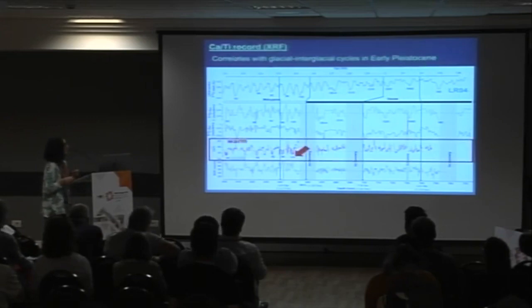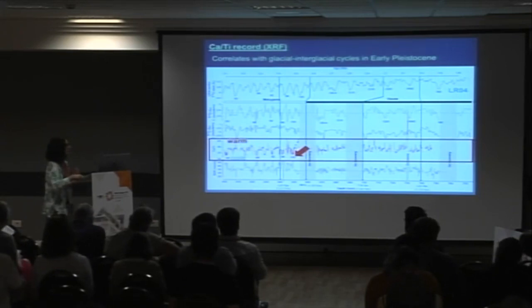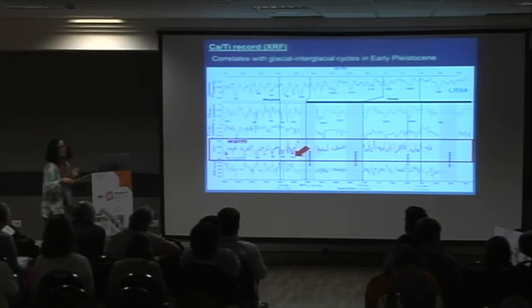And well, we analyzed XRF in our sediments, and this is the calcium-titanium record. Calcium-titanium normally indicates warm temperatures when you have more calcium, and colder temperatures when you have less calcium.